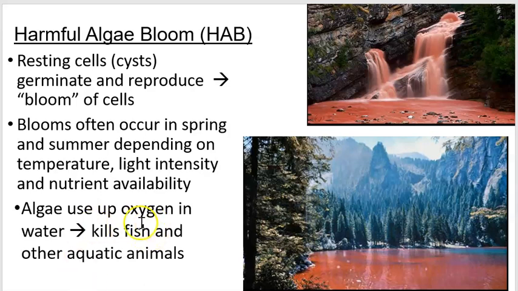So they will use up the oxygen that is dissolved in the water. And that means aquatic animals like fish are going to die off. So now not only do you have this red nastiness in the water, but now you've got dead fish all along the shore. And this happened in Florida last year, where they had some harmful algae blooms and they had to shut down miles and miles of beaches.